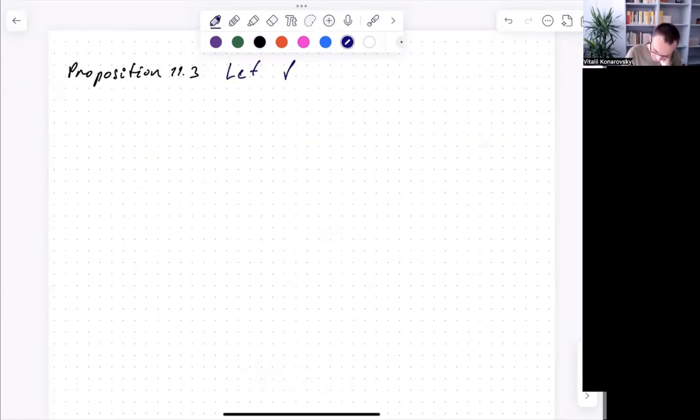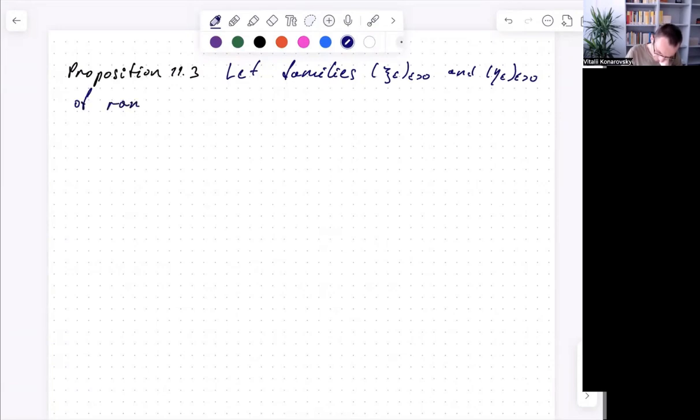Let families psi epsilon and eta epsilon of random elements in a separable metric space be exponentially equivalent.